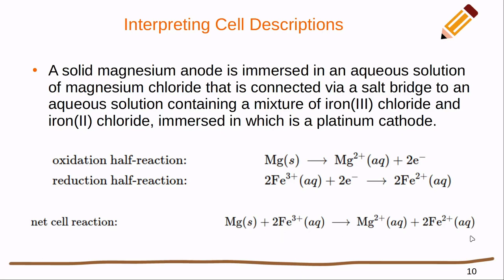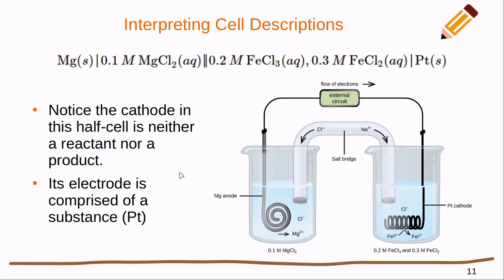Now that I know that, it makes it a little easier for me to write out the whole cell reaction here. Okay, I'm starting at the anode. I know that I have a magnesium anode. I know that that is in a solution of magnesium chloride here. I know that I have a salt bridge. It's drawn here with sodium chloride.